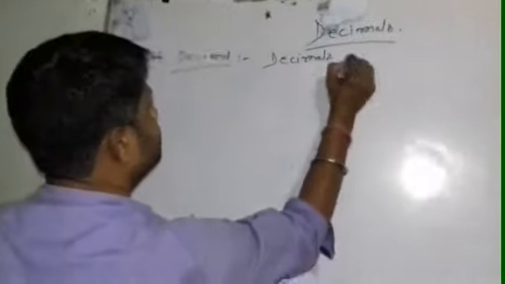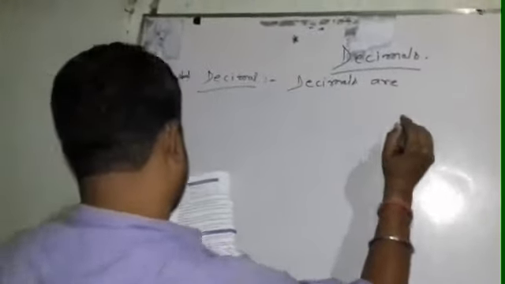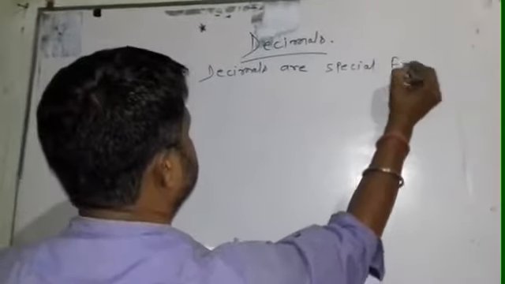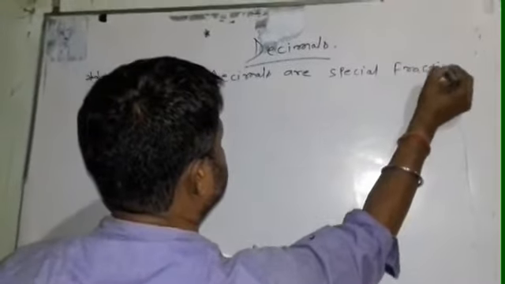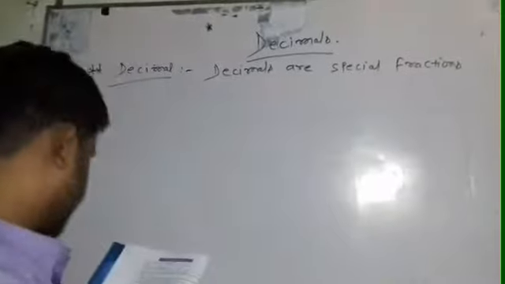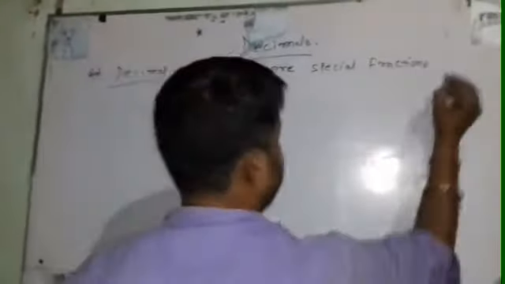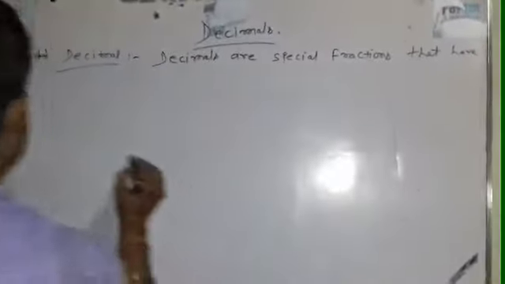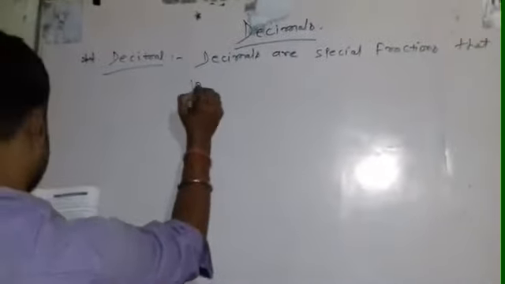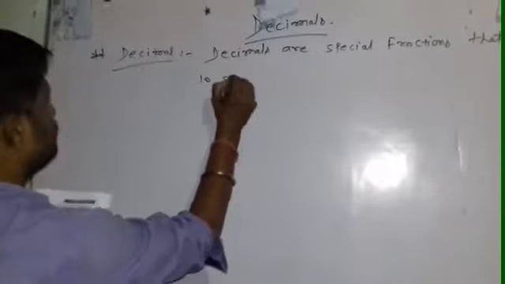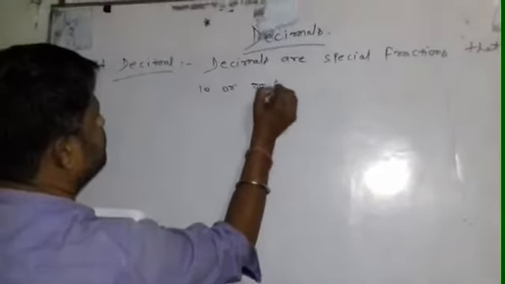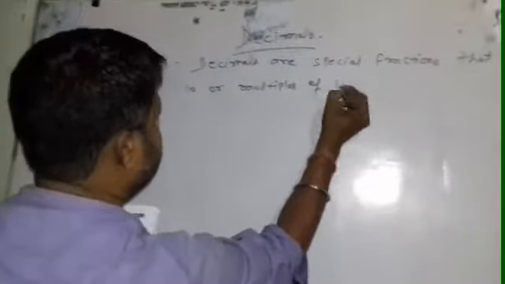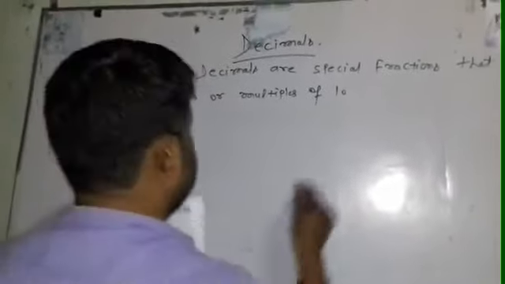Decimals are special fractions that have 10 or multiples of 10 as their denominator.